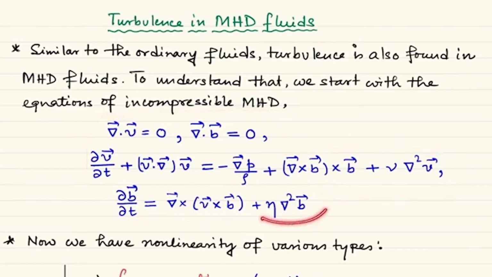Whenever we have this term, we say the corresponding MHD to be the resistive MHD. So these are the equations of resistive MHD.